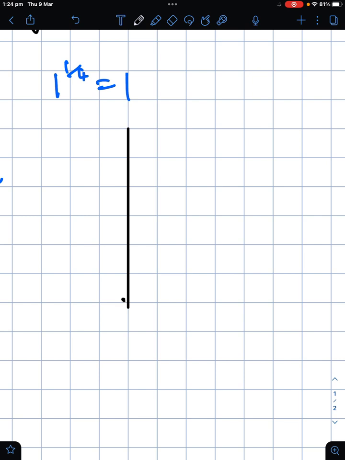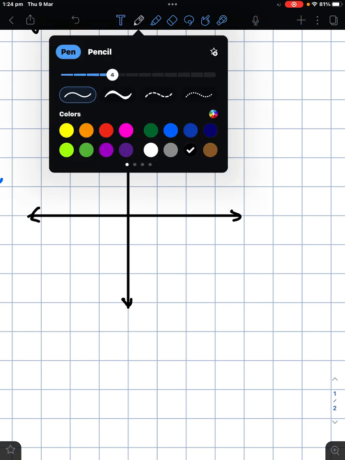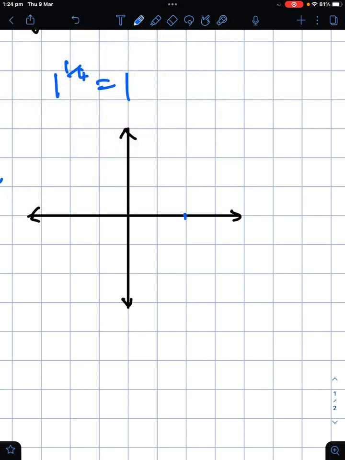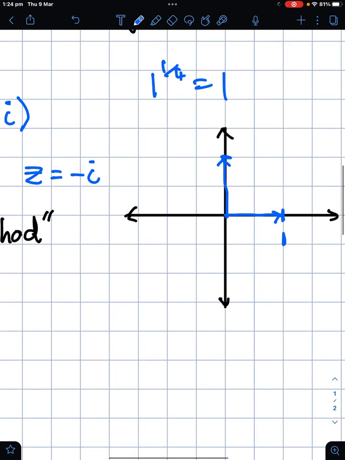Our Argand plane will be like this, and I'll go back to blue for these. So one of our solutions was 1, so we're going to have a solution here. We had another solution that was -1. So -1.